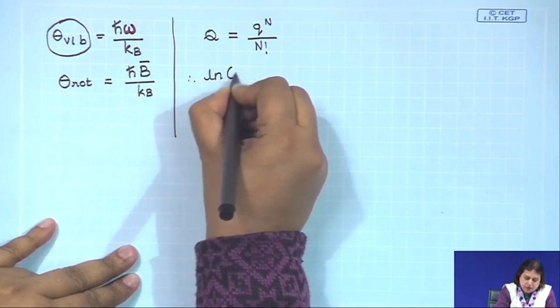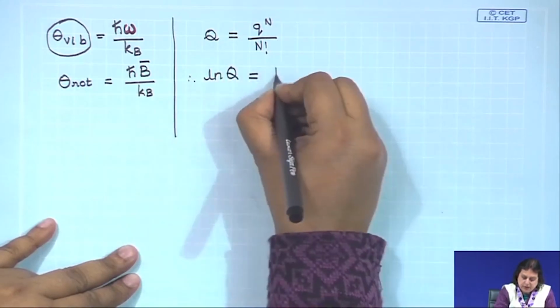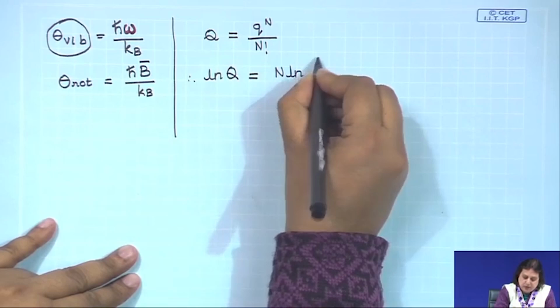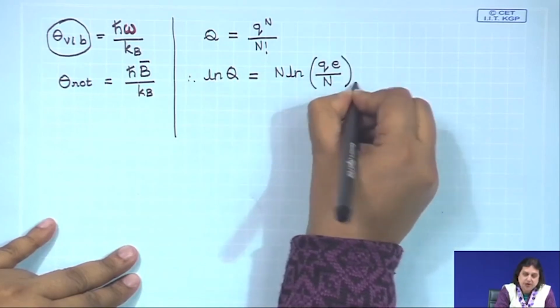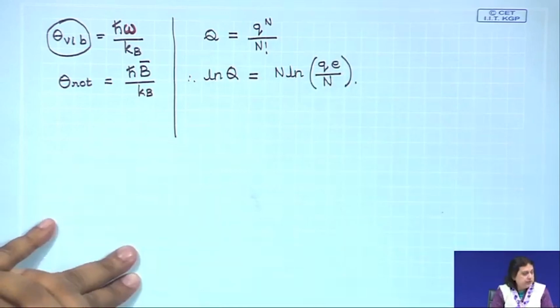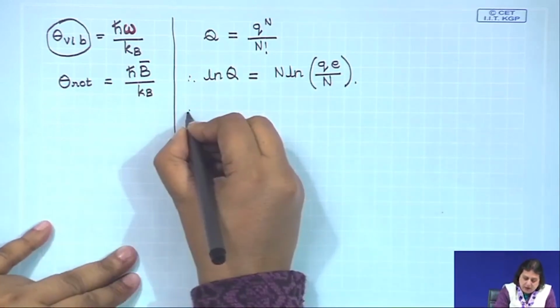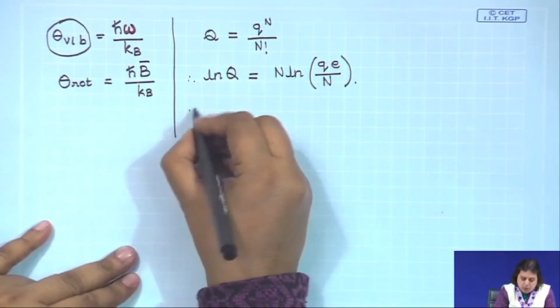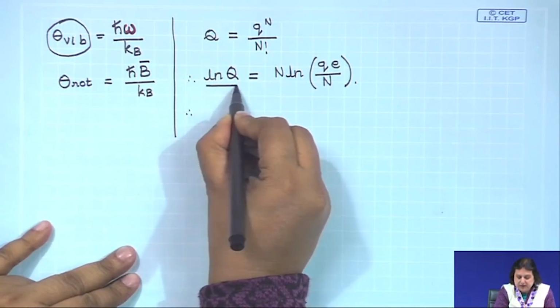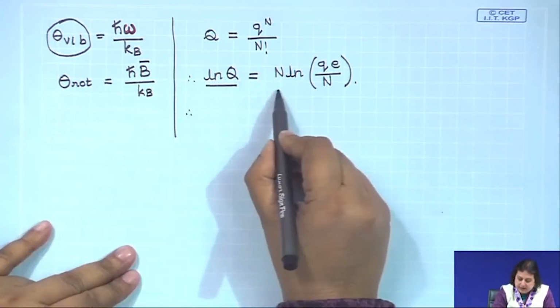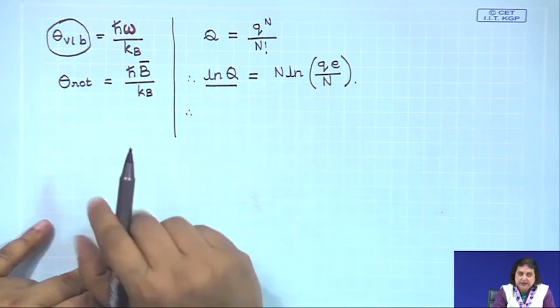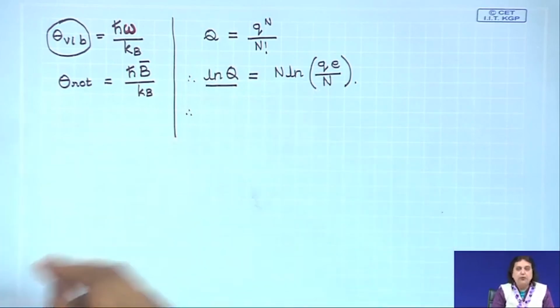Therefore, we could show that ln Q is equal to N ln q minus ln N factorial, which under Stirling's approximation is N ln q minus N ln N plus N. If I can do this, then if I want to find out the derivative of this quantity with respect to volume, I have to look at the right hand side and try to understand where the volume appears.